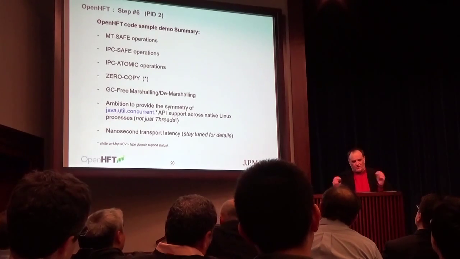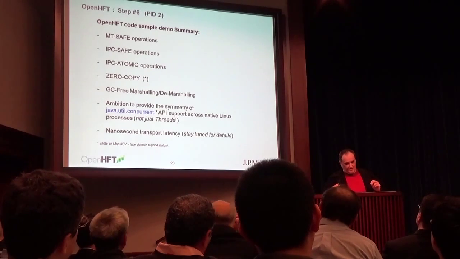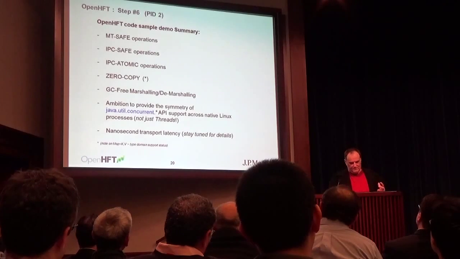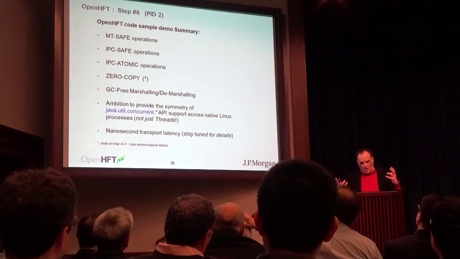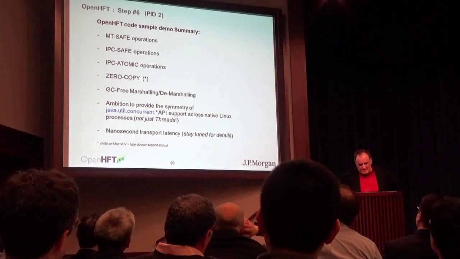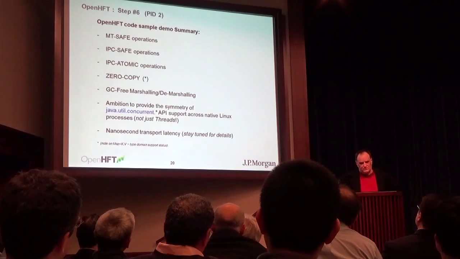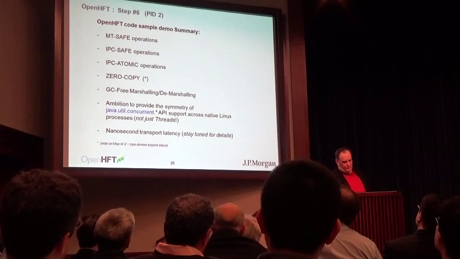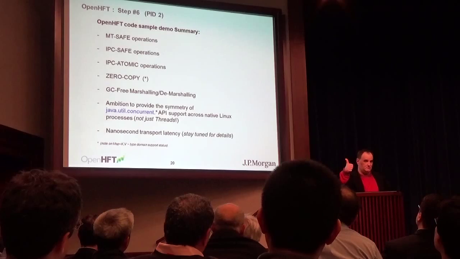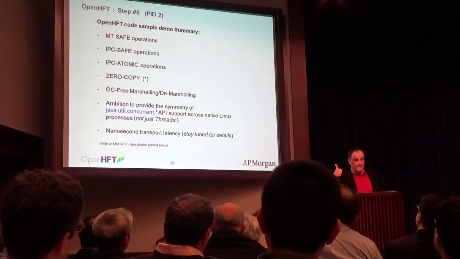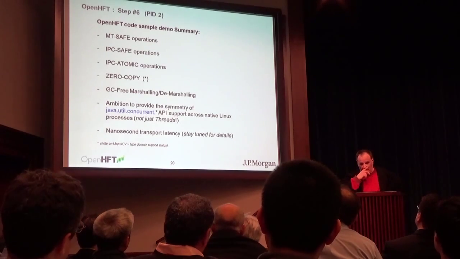Now, here's the startling thing that I finally got them to agree that this could be in the slide. OpenHFT has the ambition to provide the symmetry of Java util concurrent API support across native Linux processes, not just threads. That's awesome. That's really awesome.